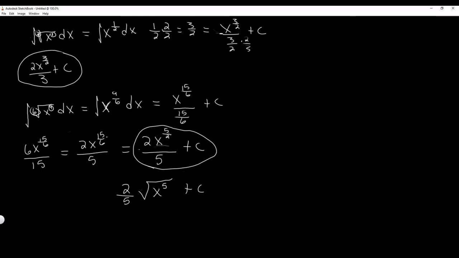And the way we did this is we just did the reverse of writing the radical as an exponent like we did up here. We just took the 2 and put it here because the square root has an implied second power, and then we just raised the inside function right here to the 5th power. And that's how we did that. So this is the answer to the integral of the 6th root of x to the 9th.